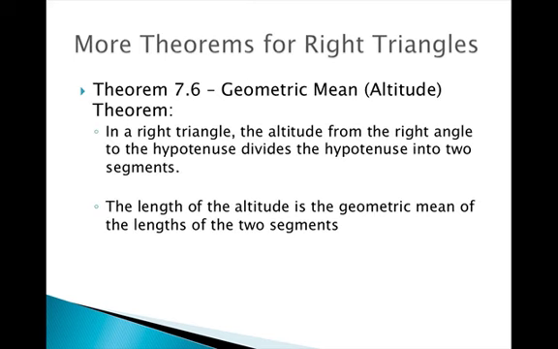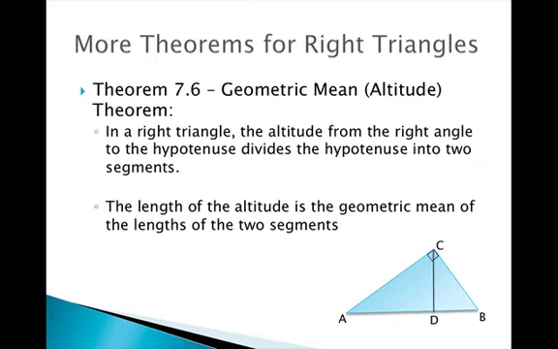So theorem 7.6, the geometric mean or the altitude theorem, says that in a right triangle, the altitude from the right angle to the hypotenuse divides the hypotenuse into 2 segments. That's exactly what we just did on the previous slide. So specifically, this theorem states that the length of the altitude is the geometric mean of the lengths of the 2 segments.